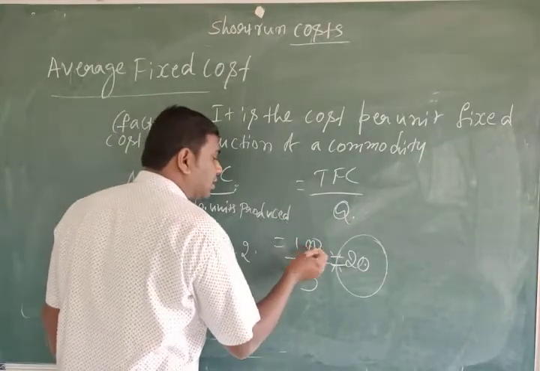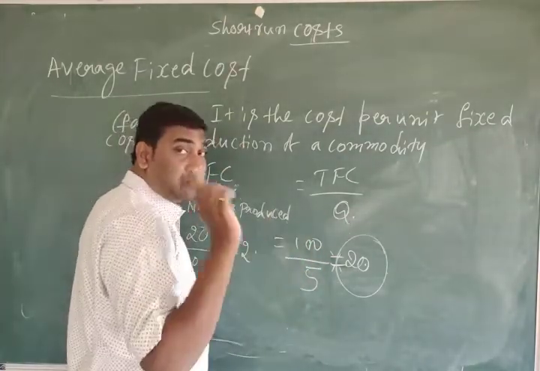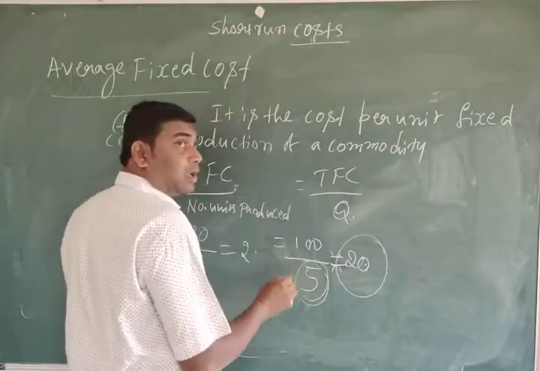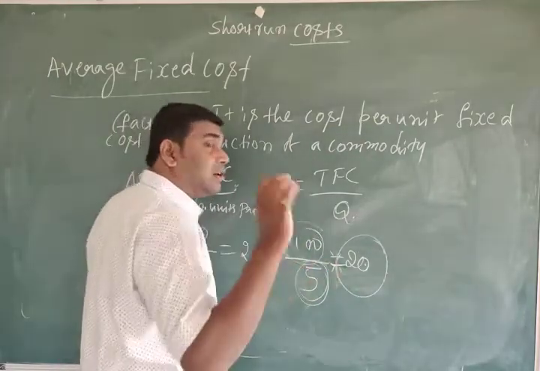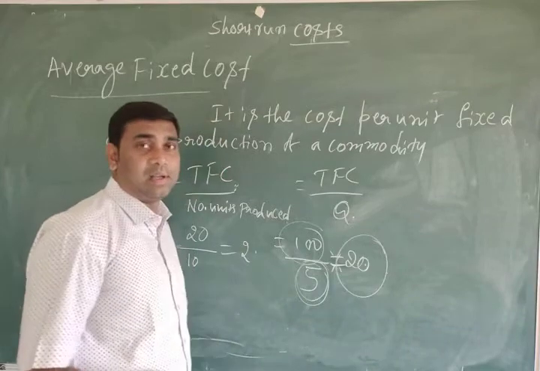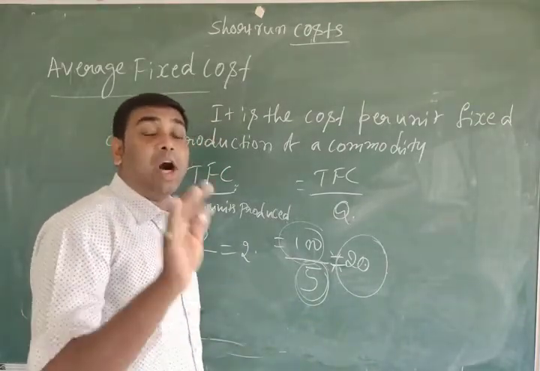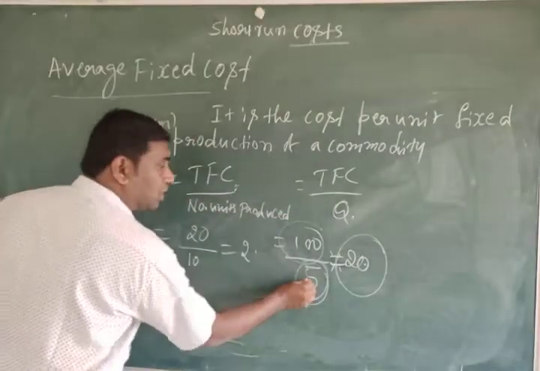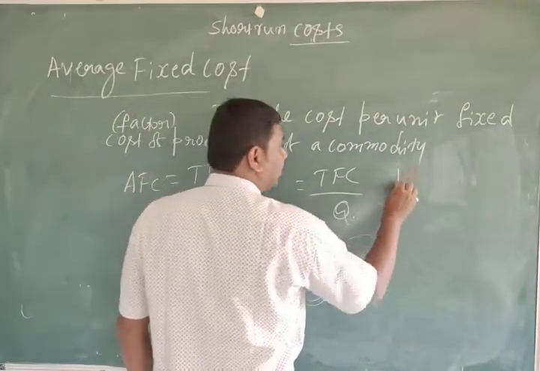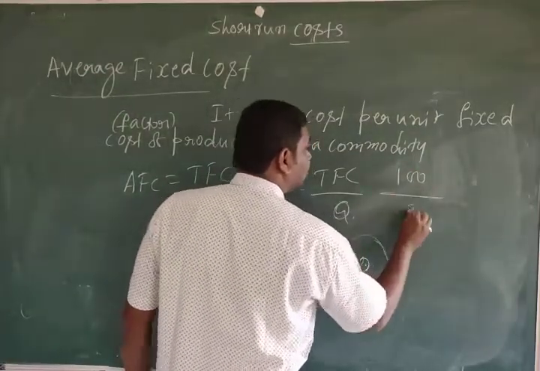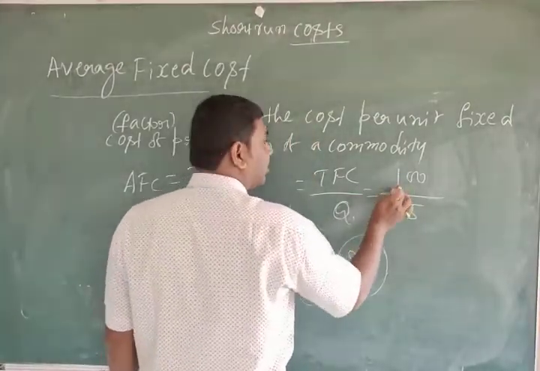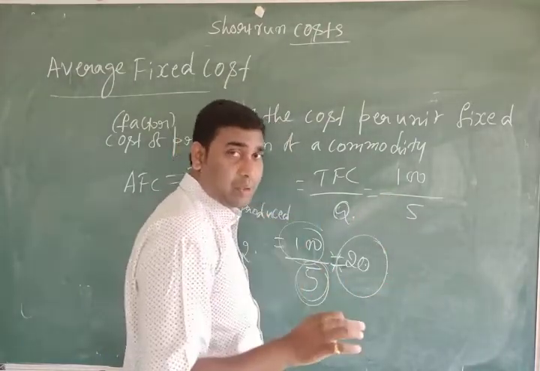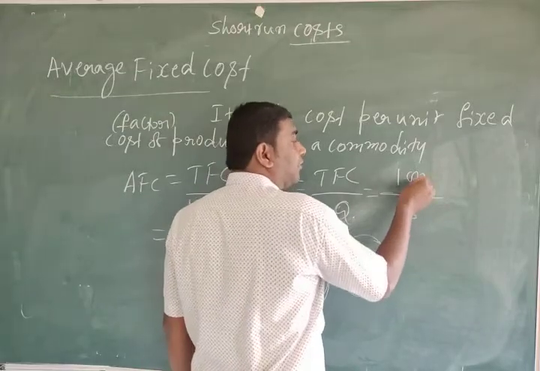Here TFC is 100 and Q is 5. Total fixed cost is 100 to produce 5 units of output.